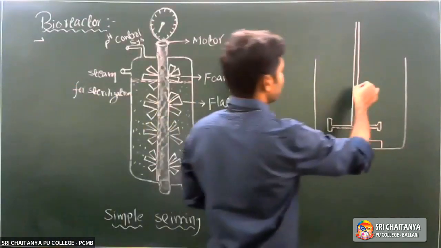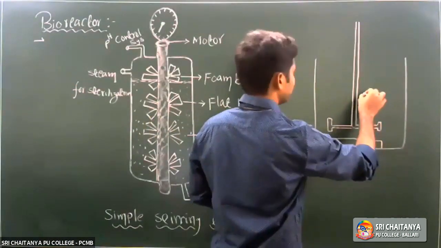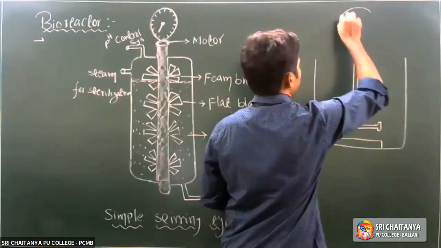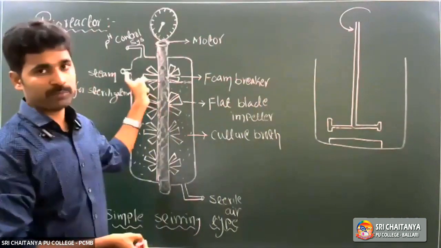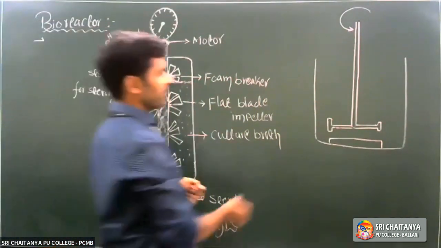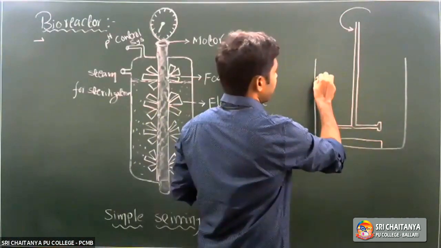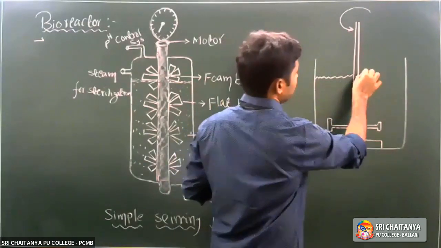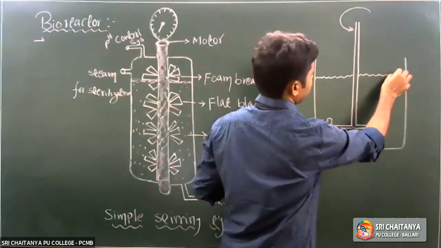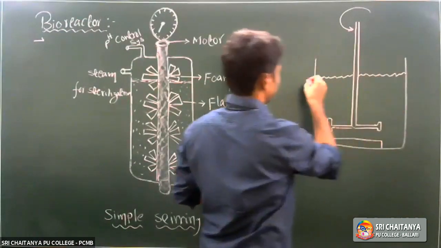See, the simple stirring type is an open type of bioreactor, and this one is a closed type of bioreactor, right? And one more thing, here there is an increased surface area present in the sparged type of bioreactor, right? Increased surface area.